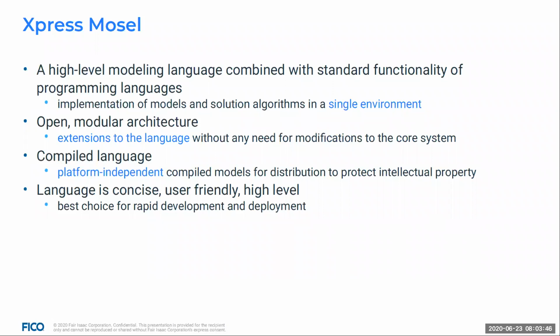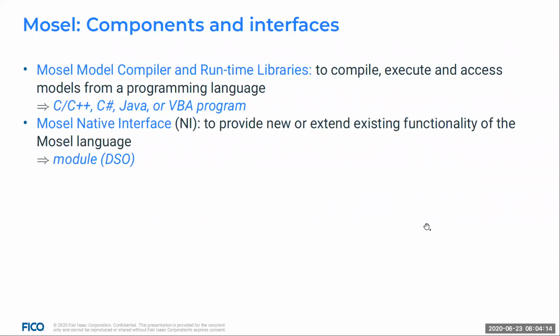The Mosel language is compiled and platform independent, so a model is compiled to the Mosel virtual machine, and you can port it across different operating systems. The language is designed to be easy to learn, and the idea is to get started quickly, but then if you like, you add modules, you add components, and you can go to very advanced features.